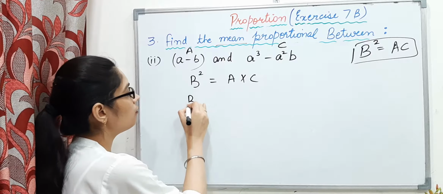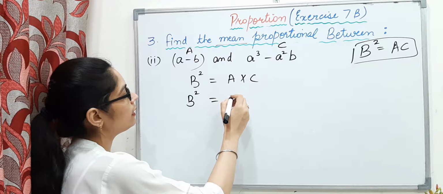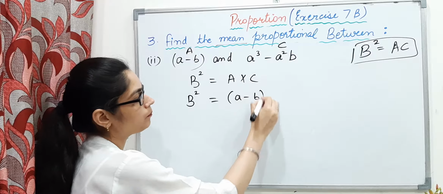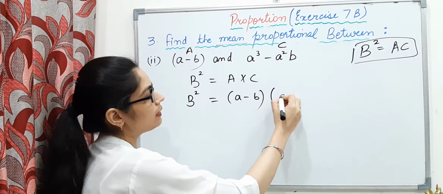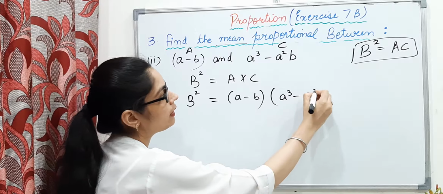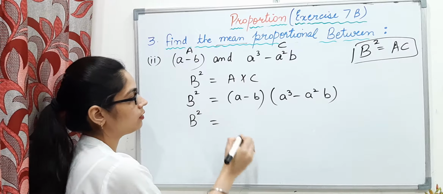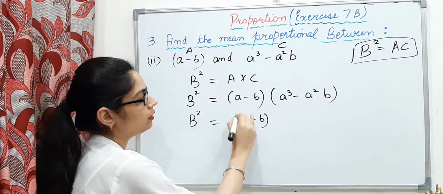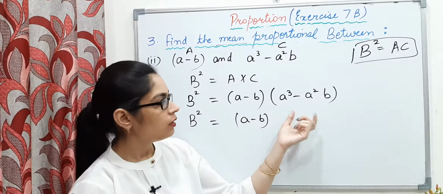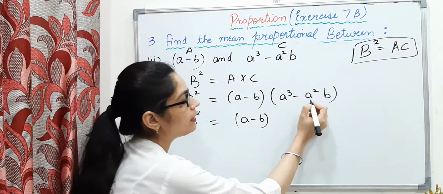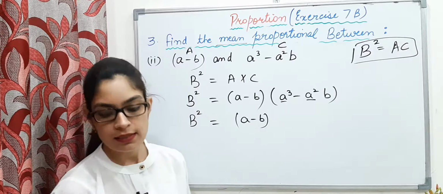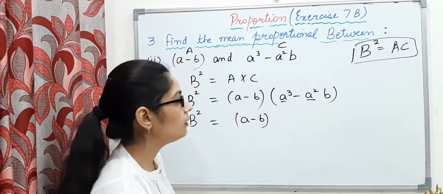So we will substitute the values of a and c. A is a minus b, c is a cube minus a square b. So b square as it is, we will write a minus b. Now if we see this term we can see a square. A square is there in both the terms.